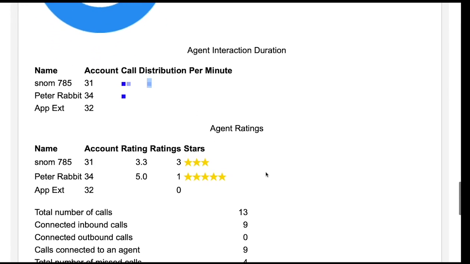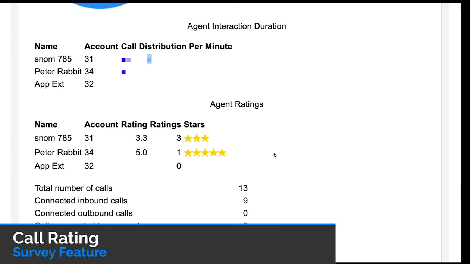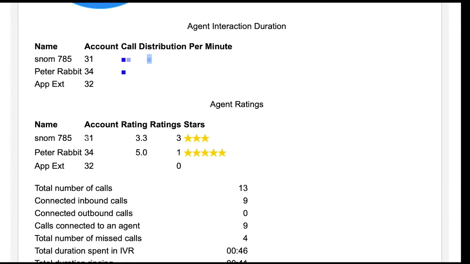And then the next thing will show you the ratings that the callers gave the agents. We're including again the account names, and we present here as a numerical value the average rating that was provided by the caller, and how many ratings were given.